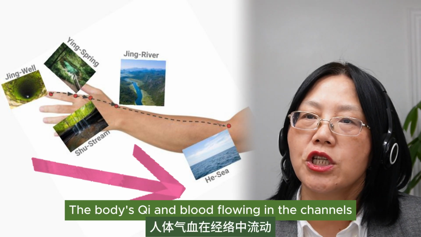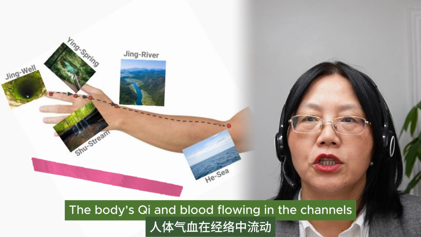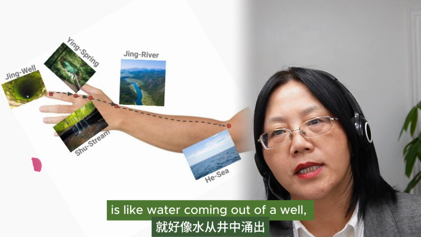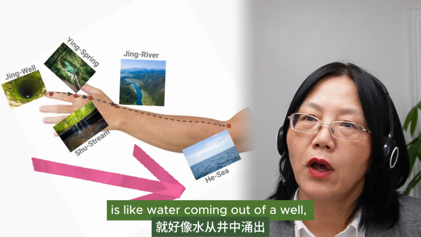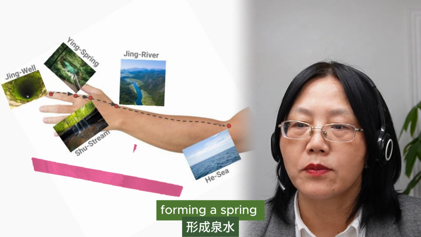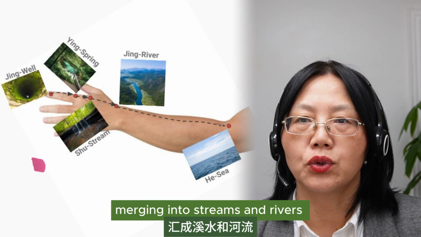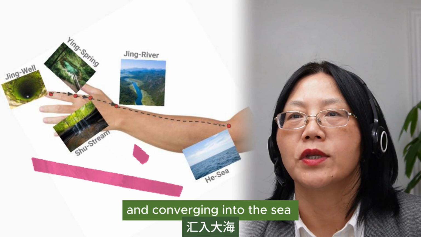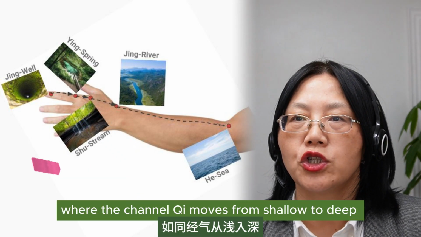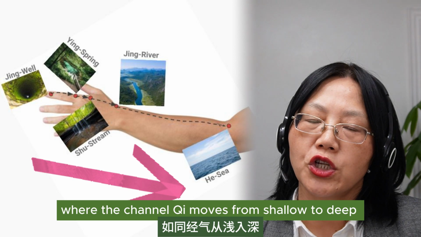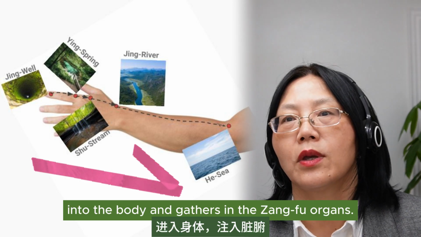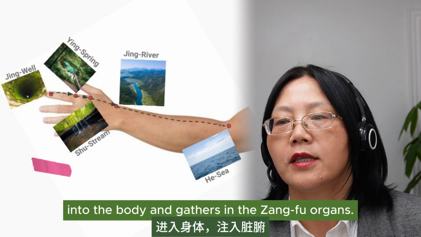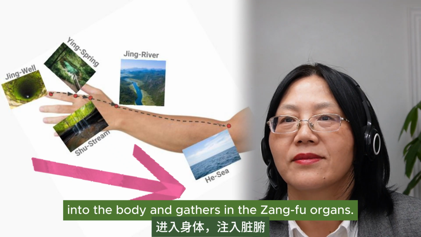The body's qi and blood flowing in the channel is like water coming out of a well, forming a spring, merging into a stream and the river, and converging into the sea, where the channel qi moves from shallow to deep into the body and gathers in the Zang organs.